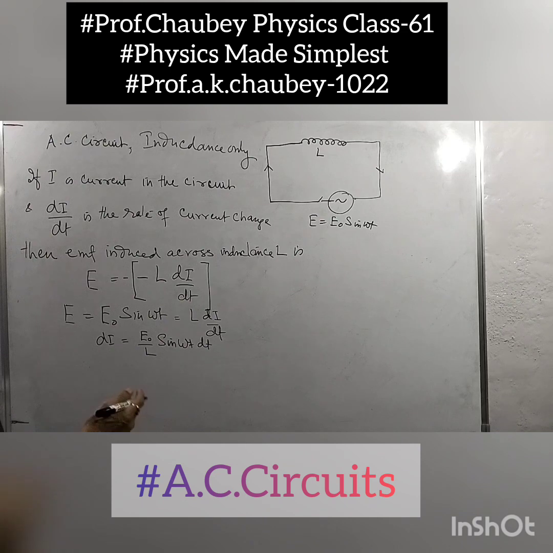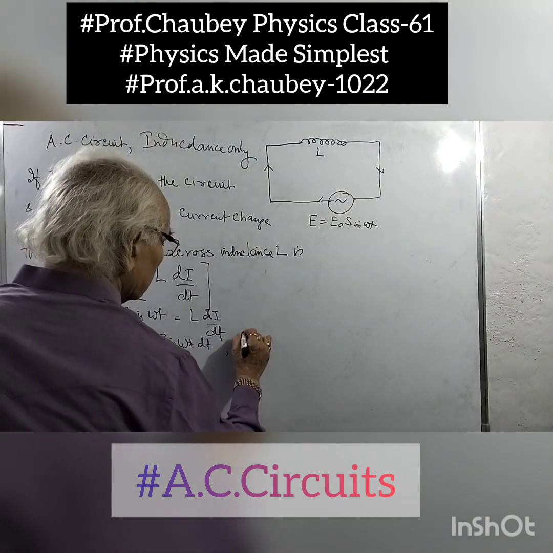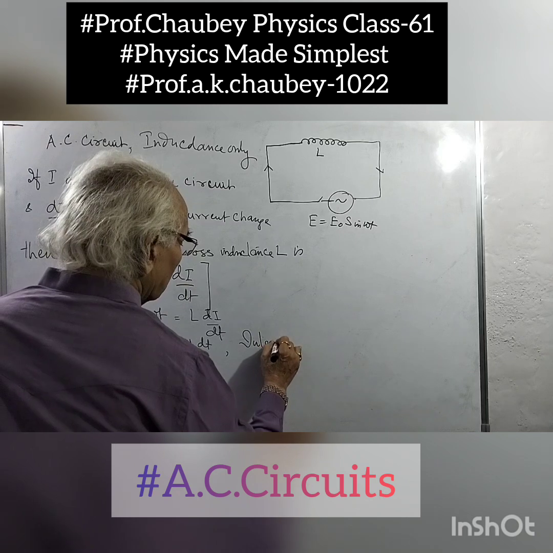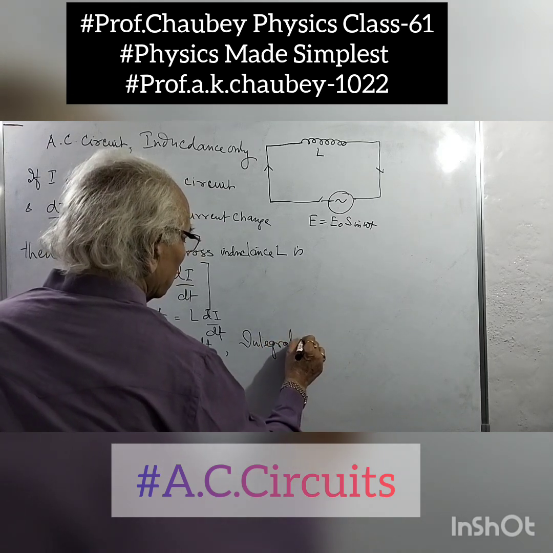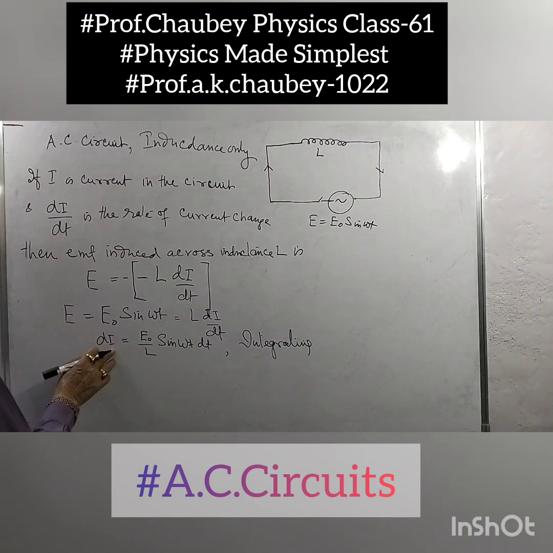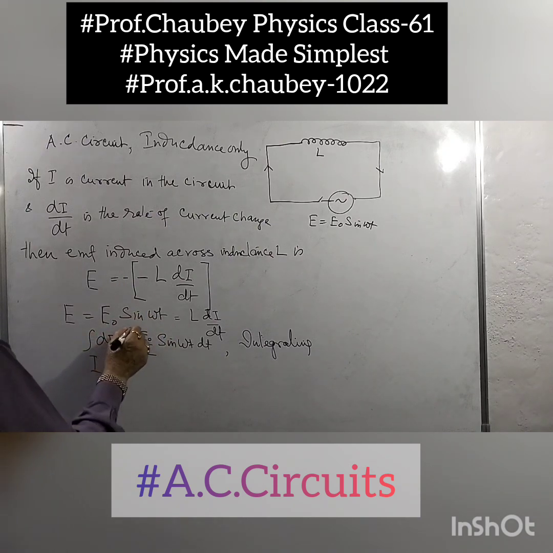So integrating both sides we get, here integrating di means current I, and this is E naught over L. Of course, E naught is the constant maximum value, L is the inductance. Integrate sin omega t, which gives minus cosine omega t, and then put the limits, integrating over 0 to t, the full cycle.